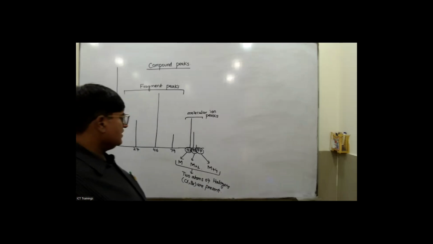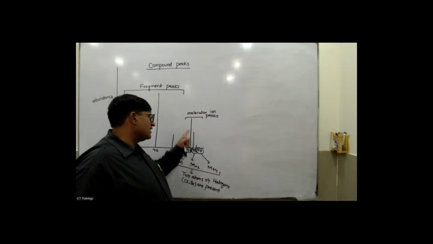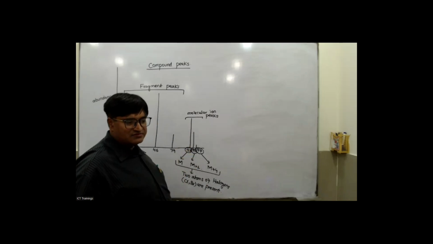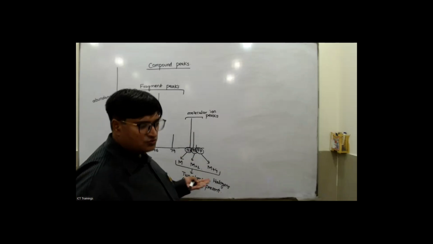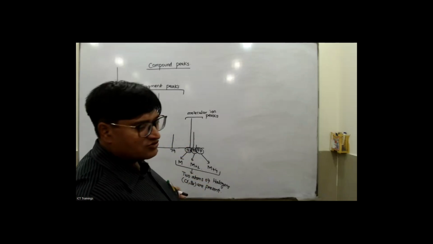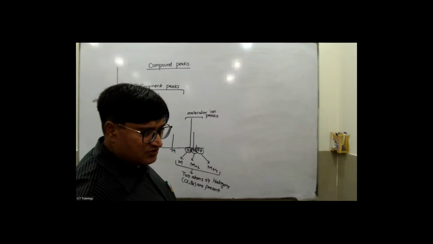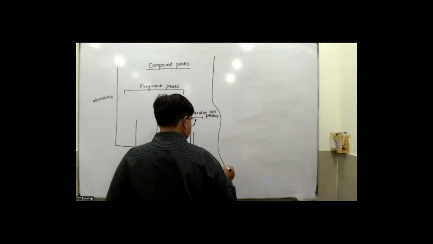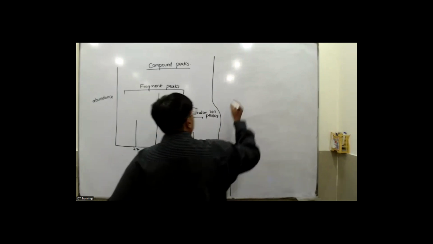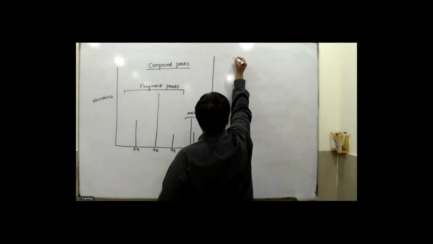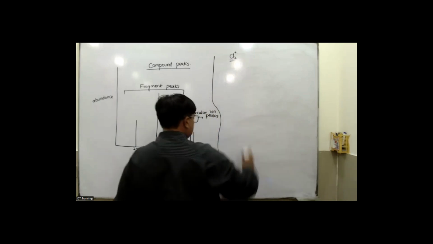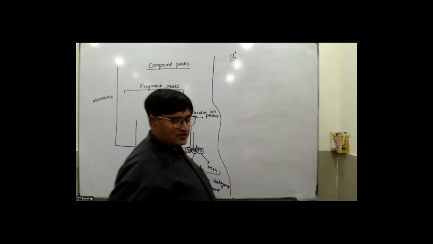Yes, sir. Now, how do you know by looking at the heights of these peaks whether these are two chlorine atoms, two bromine atoms, or one chlorine and one bromine atom? Okay. Now, if you got two chlorine atoms, so Cl2 positive, what could be the height of the peaks?